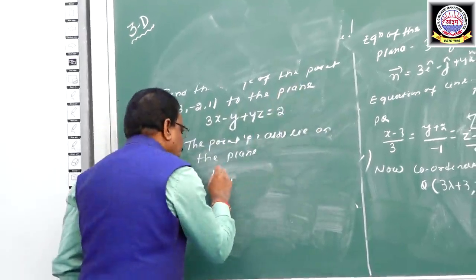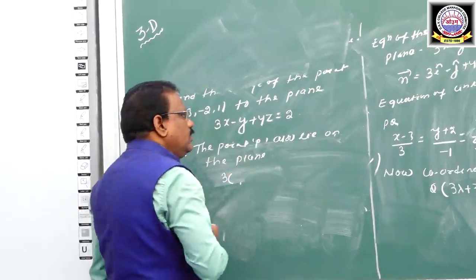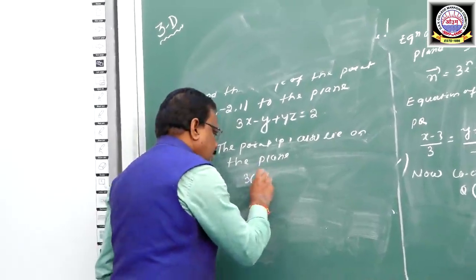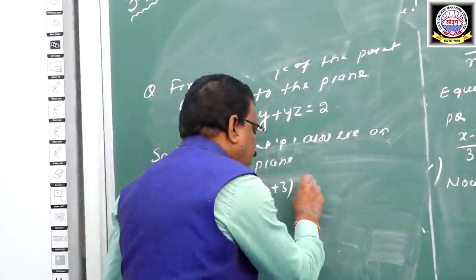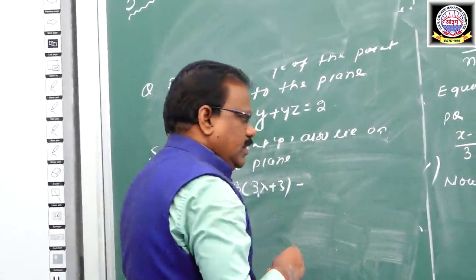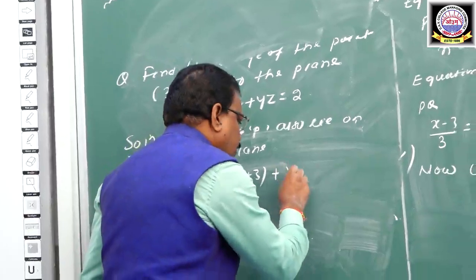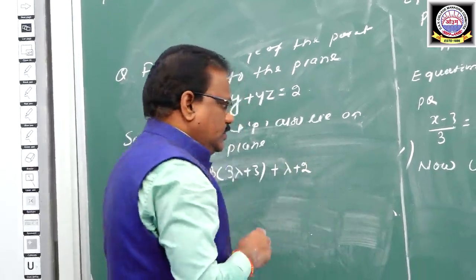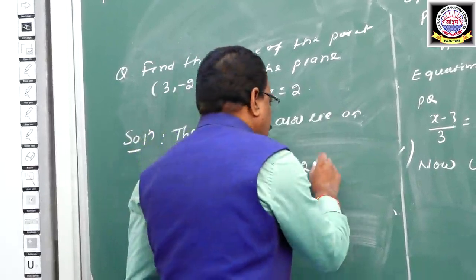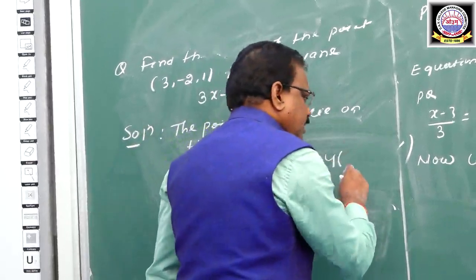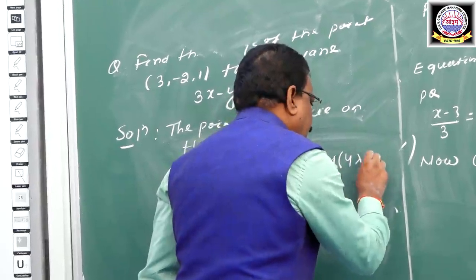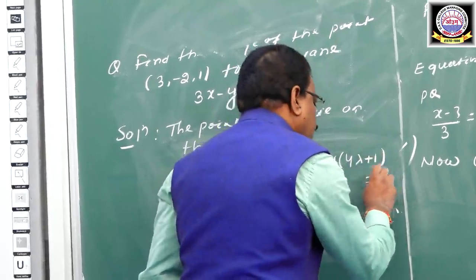What is that equation? 3 into (3 lambda plus 3), then minus y, minus y means both will be plus lambda plus 2, plus 4z, 4 into (4 lambda plus 1) is equal to 2.